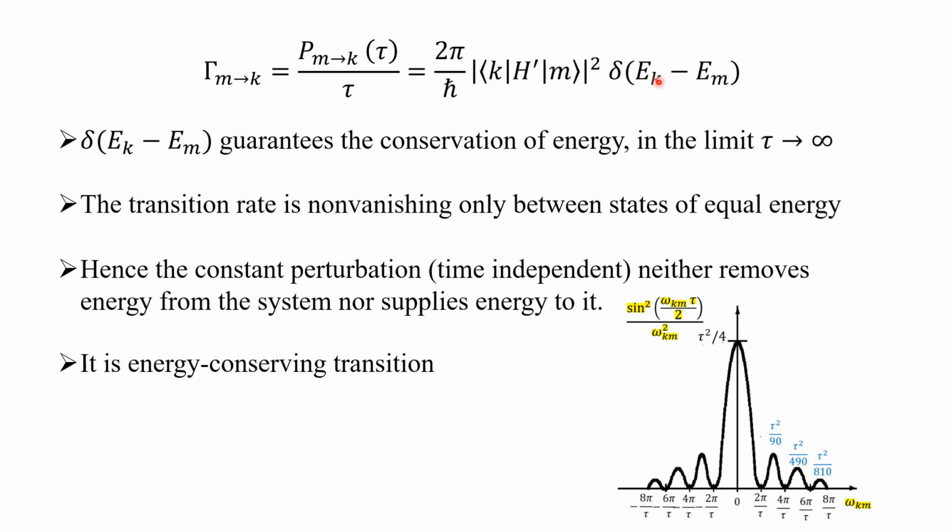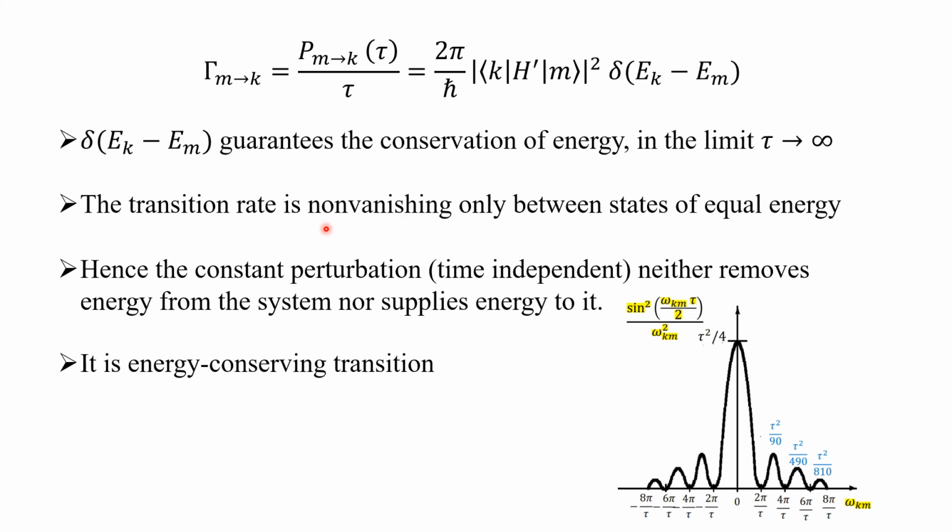Under this condition, this delta function is valid. That means ek must be equal to em. Delta ek minus em guarantees the conservation of energy in the limit tau tends to infinity.